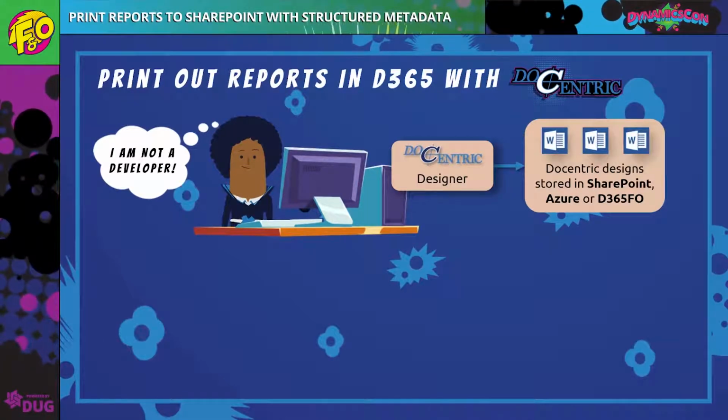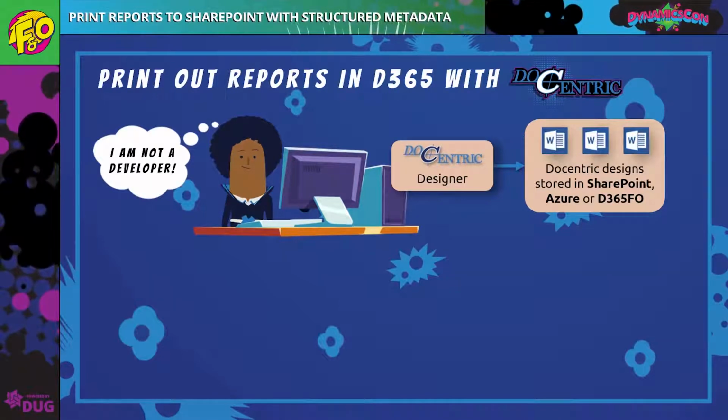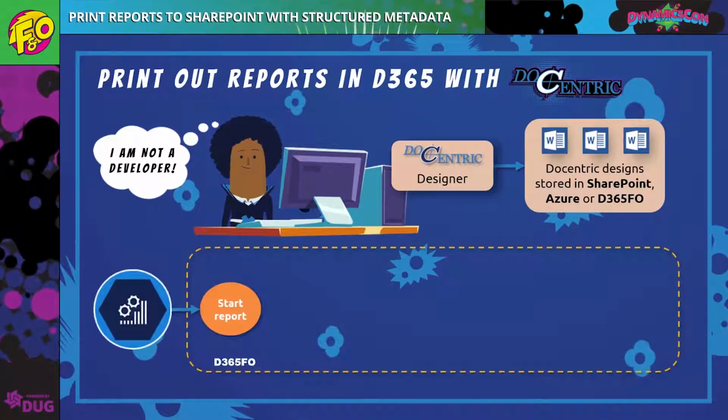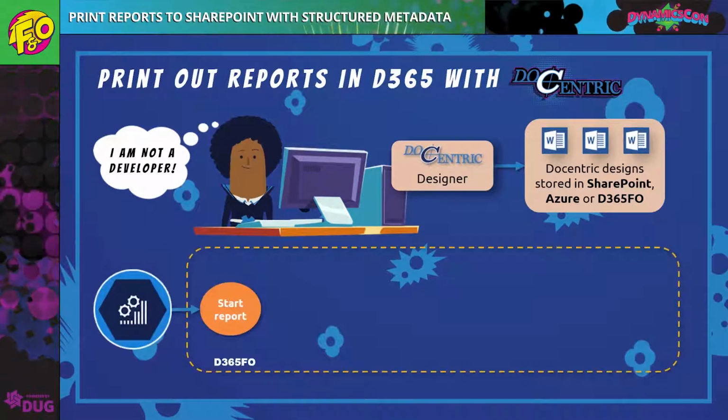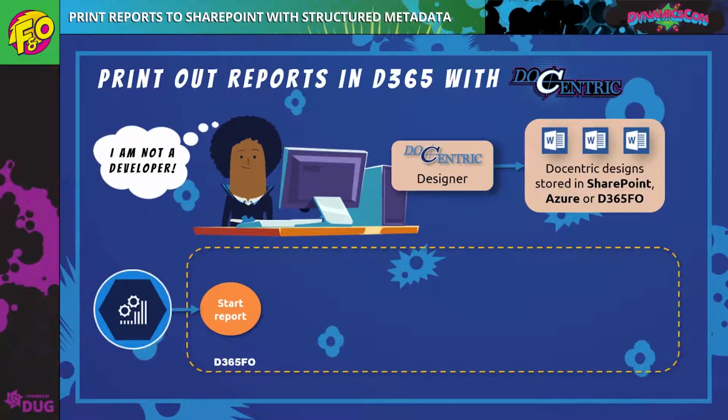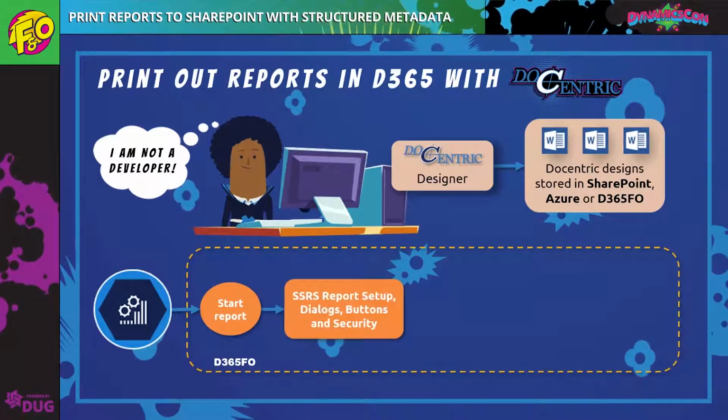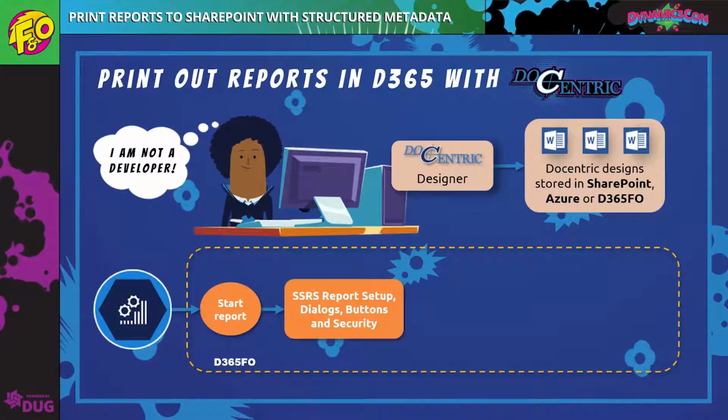So we empower key users, functional consultants, or basically anyone in your organization who knows the business process. Once we have a Docentric design ready, you just upload it to D365 and then we start the report execution. Our solution sits on top of SSRS pipeline and reuses everything that is already there, so you won't know the difference and enjoy the same experience.